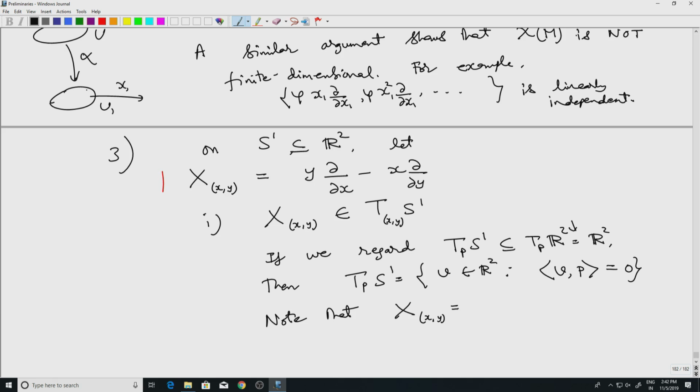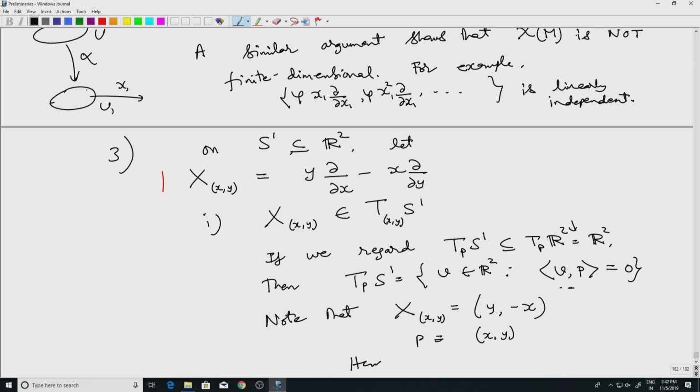That we have seen when we first talked about tangent vectors. Well, if we do that for this X, then this is the same thing as (y, minus x). And the point P is just (x, y). So to see that this X belongs to the tangent space at P, all I have to do is check that the inner product of (y, minus x) and (x, y) is 0, like here, which is of course the case.